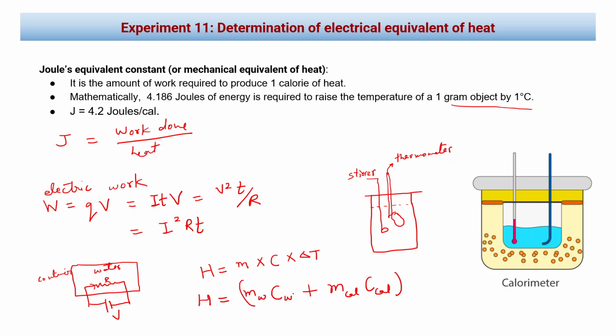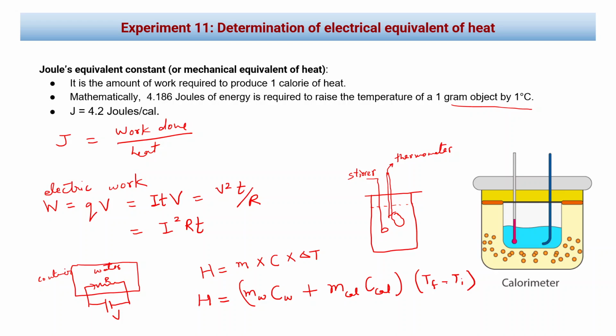So this together, and then the temperature difference. When the current is given, it will heat up the water, and after some time the temperature will reach an equilibrium point. From then we'll get this temperature difference.